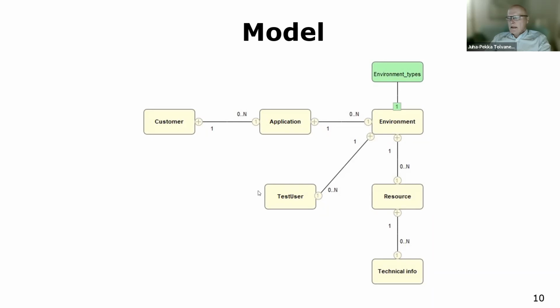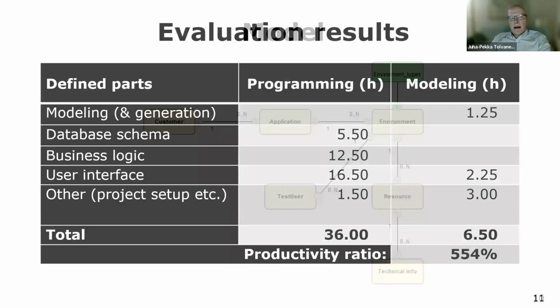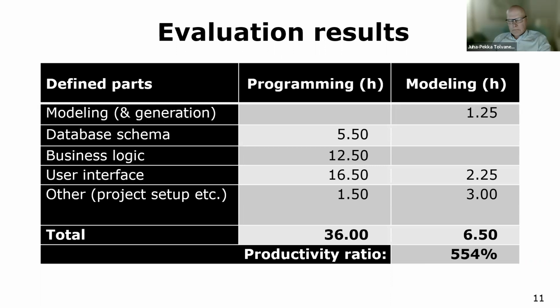So one person made this kind of model and then generated the system that you saw earlier. And then they measured the time. And the evaluation showed that the language and generator they have been building make software development 5 to 6 times faster.